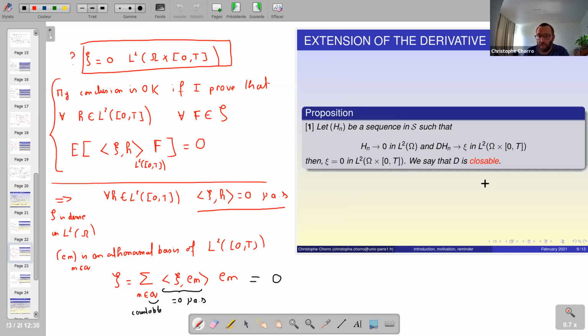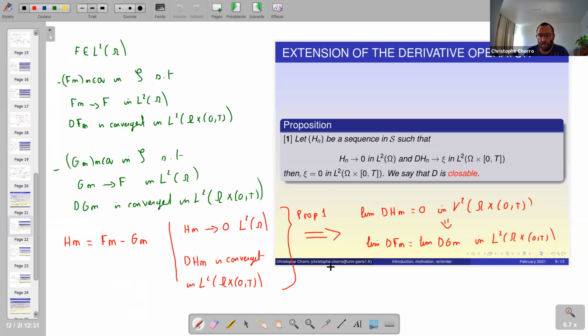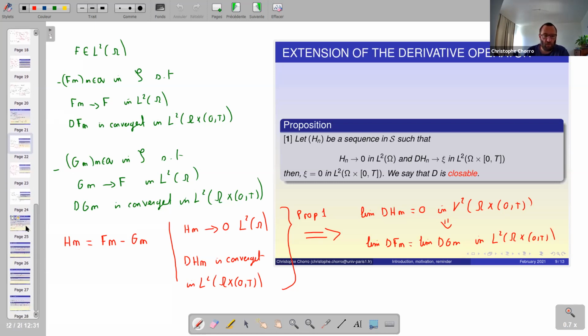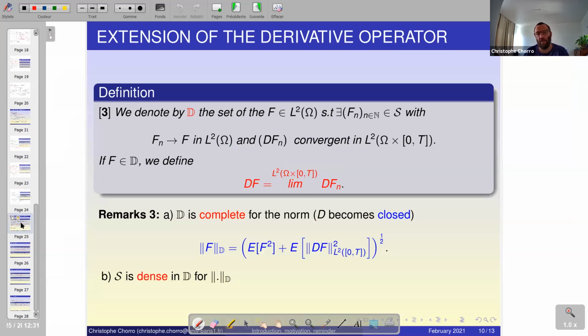And so, since I have proved the proposition 1, as I have explained here, now I can extend the derivative operator using an approximation argument, with a definition of the derivative that will be unambiguous because it won't depend on the choice of the approximating sequence. And it's what we are going to see in this definition.